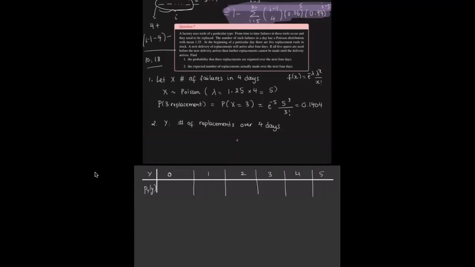And we have to fill in here the probability that the number of replacements is 0, the probability that the number of replacements is 1. So the probability that replacement equal to 0 is the same as the probability that x is equal to 0.